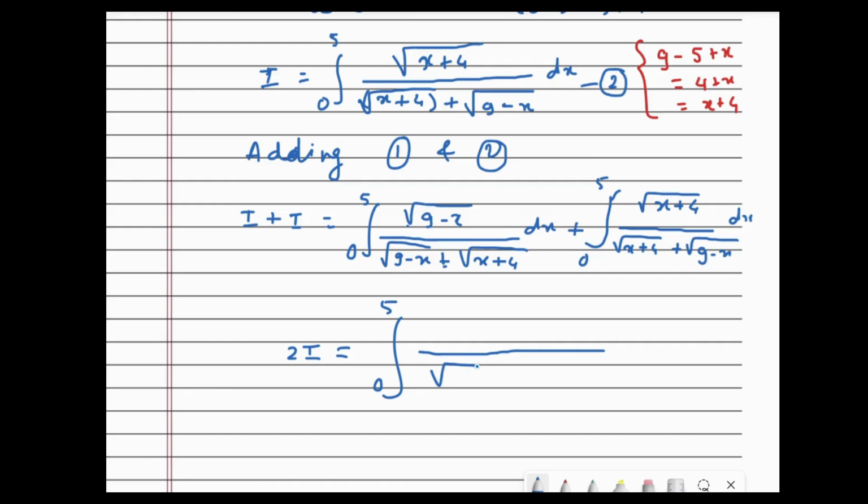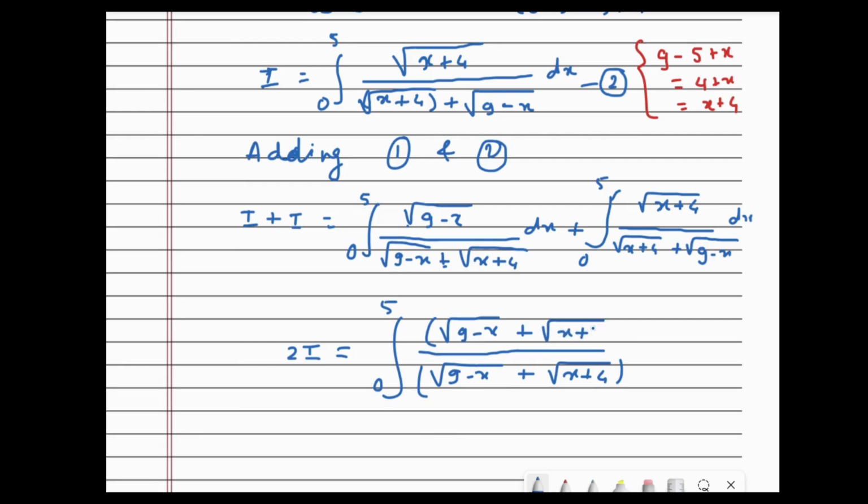So we can write under root 9 minus x plus under root x plus 4. And in the numerator, if you observe, it is also the same, under root 9 minus x plus under root x plus 4.